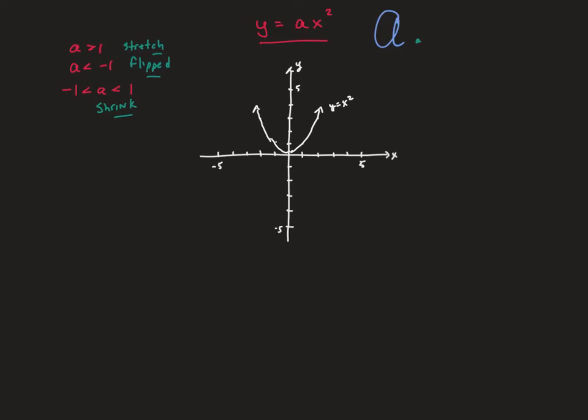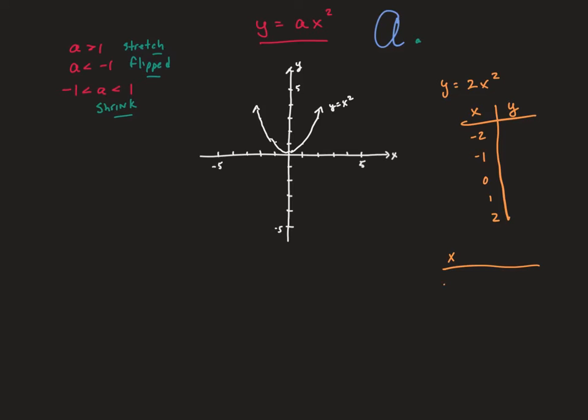Now, if I have y equals 2x squared, well, that tells me for all my values of x, I'm going to square it and then multiply it by 2. So when x is negative 2, negative 1, 0, a 1, and a 2.